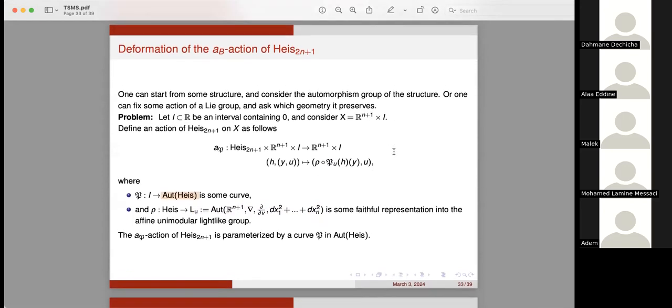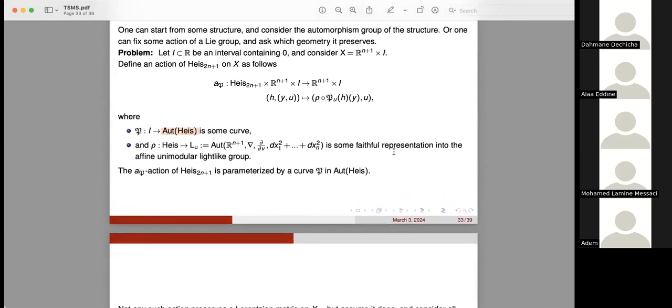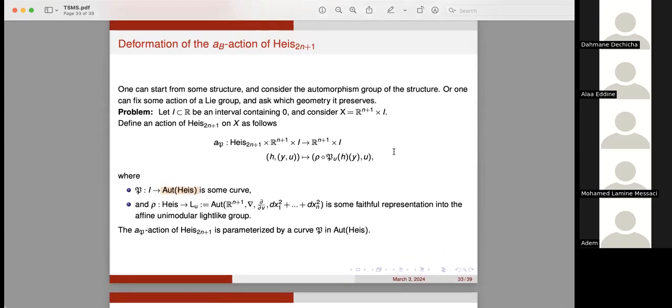The fact is, first, not any action like this preserves a Lorentzian metric on R^(n+2), okay? But when there is a Lorentzian metric preserved by this action, we get exactly the simply connected plane waves, which are not homogeneous.